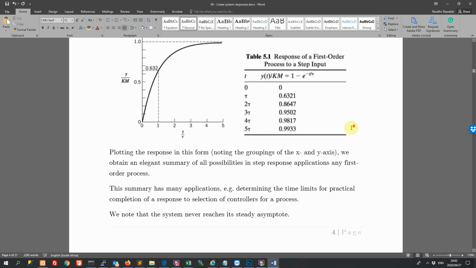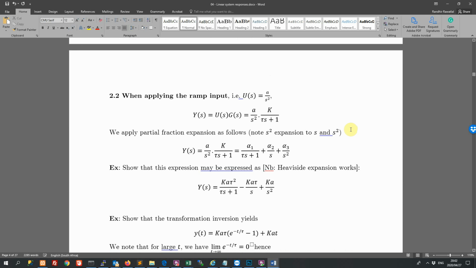Right, now let's take that same process, and instead of a step, we are applying the ramp input. So remember, in the ramp we have that your input is constant, and then you start increasing it after that. So instead of it being constant and then you step it up to a new value, now you are 0, and then you increase it linearly with time.